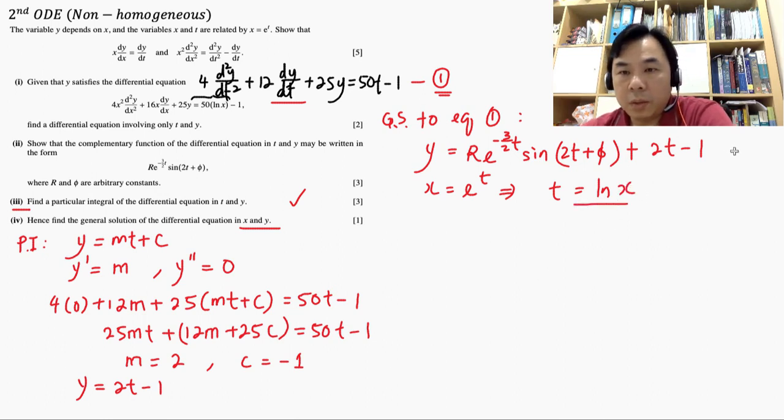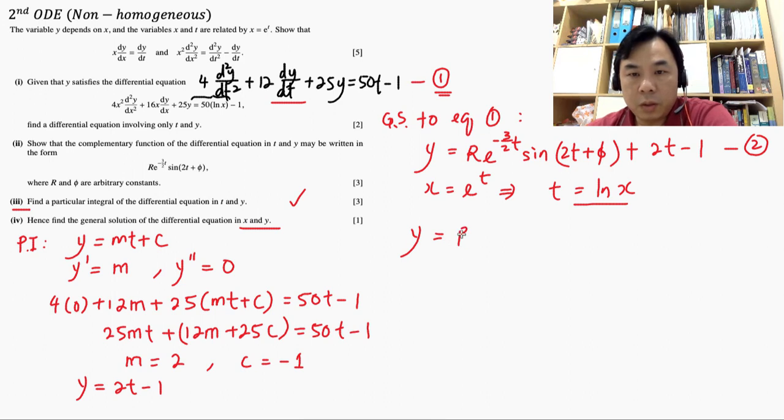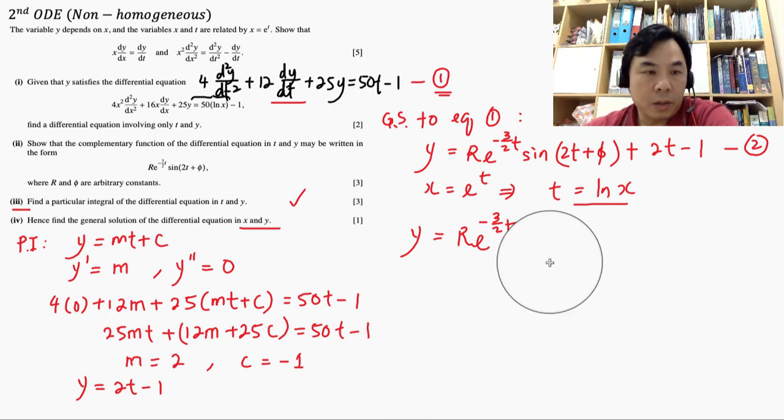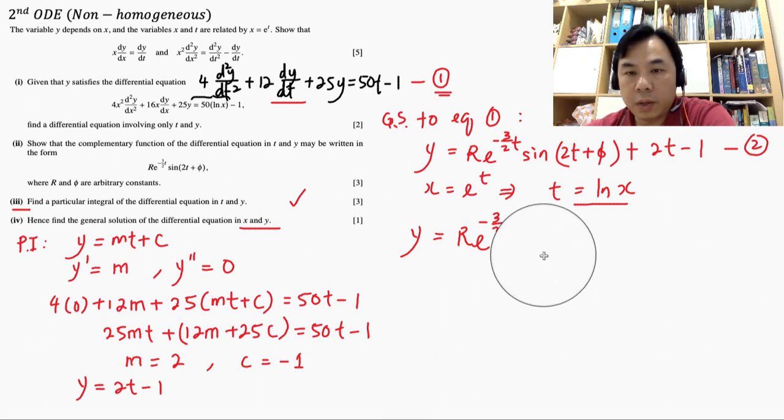So we are going to substitute this transformation back into equation number 2 here. Oh yeah, I forgot that t is actually ln x here, so just let me correct that.